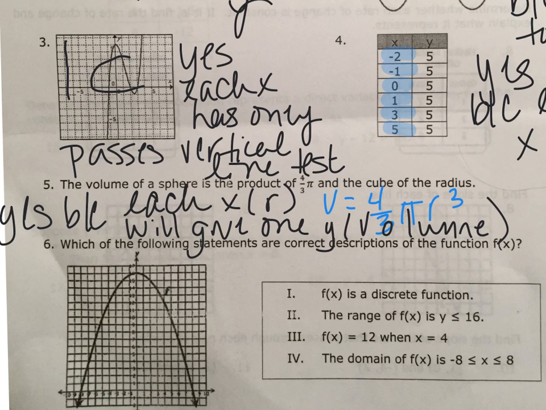They're going to be the same volume, so that's a yes. Any equation like that, the equation for area of a triangle, the equation for surface area of a prism, the equation for force in science, with science equations, those are all functions.